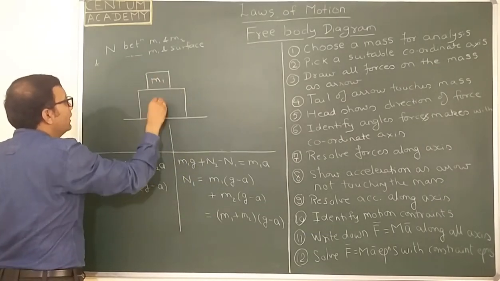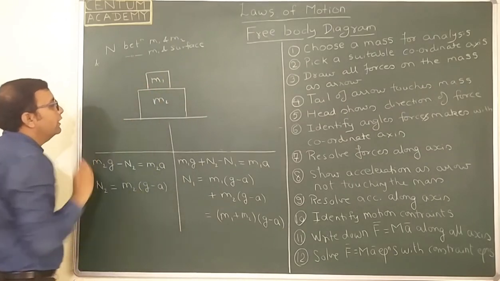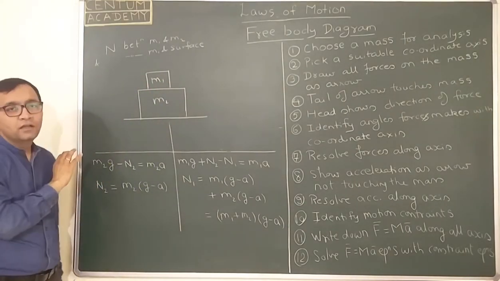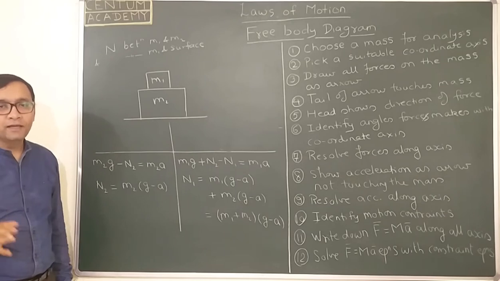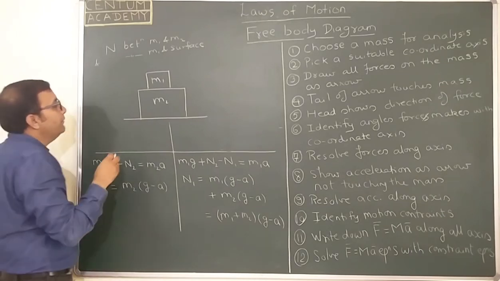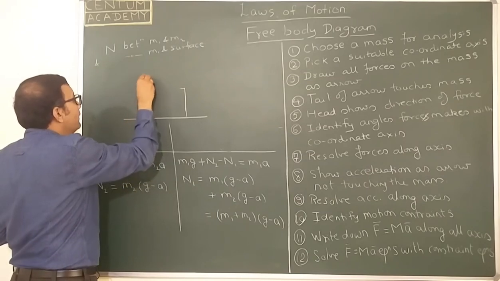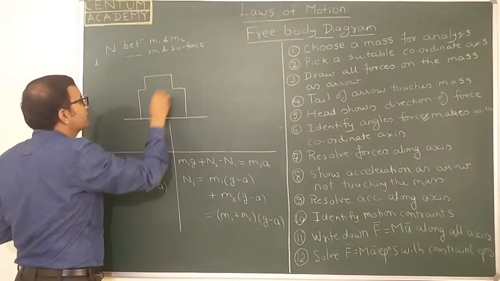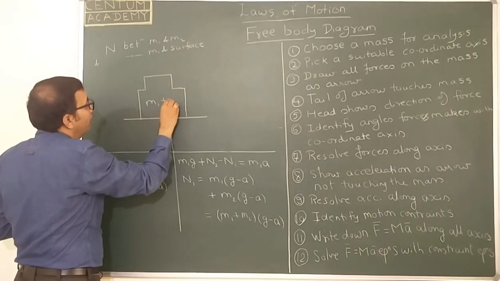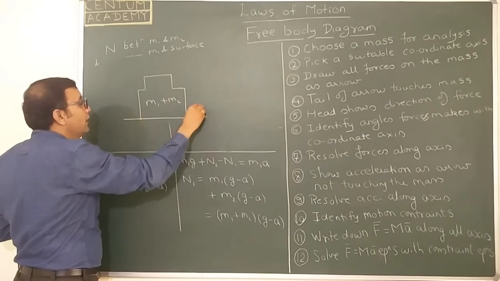This is m1 and this is m2. Okay, I'll say that there is a single block of mass m1 plus m2. So I'll draw it accordingly. I'll assume that this is a single mass of m1 plus m2.